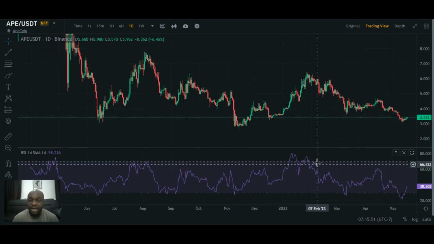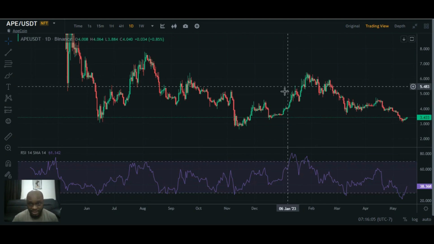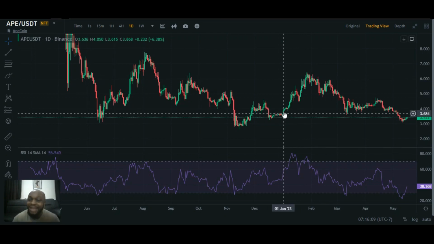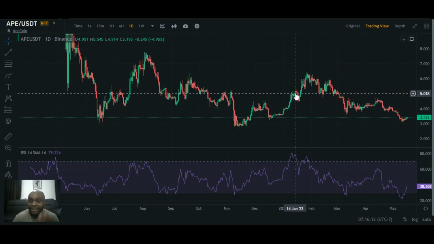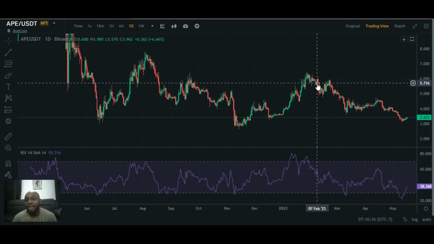No, sometimes there are events and occurrences that break the theory of these indicators, which is the more reason why you have to combine two or more indicators for a trade. There are circumstances where the market was overbought and the market kept buying up to a point, and then it crashed back again.